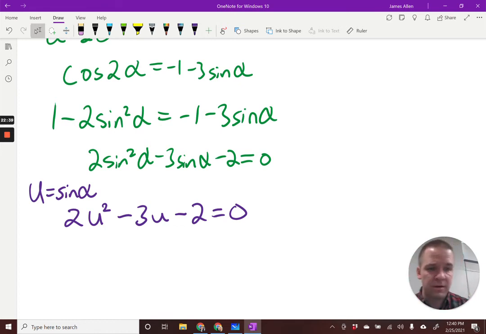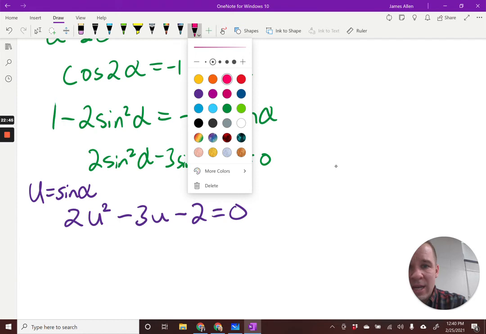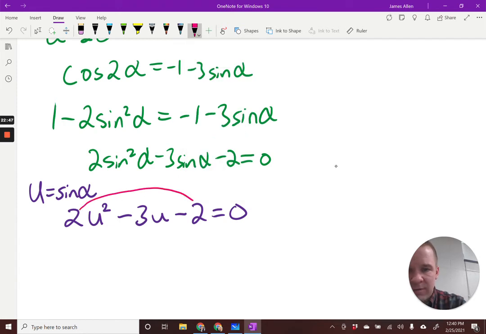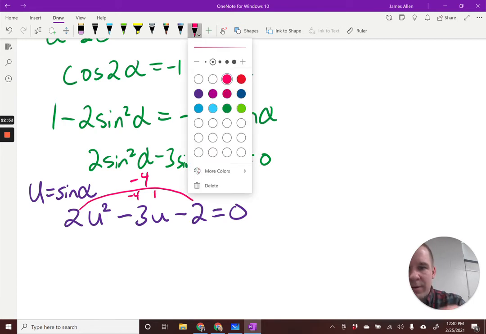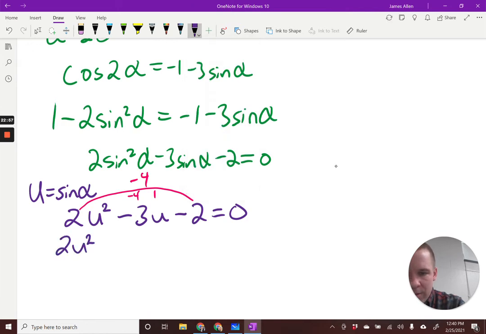And I'm going to go ahead and factor. Now, either you can do the rainbow method, guess and check, whatever you want to do. I think a lot of you use the rainbow method, so I'll go with that. Let's see here. We got 2 times -2, that's -4. So we're going to have -4 and +1 as my numbers. So I will have 2u squared minus 4u plus u minus 2 equals 0.